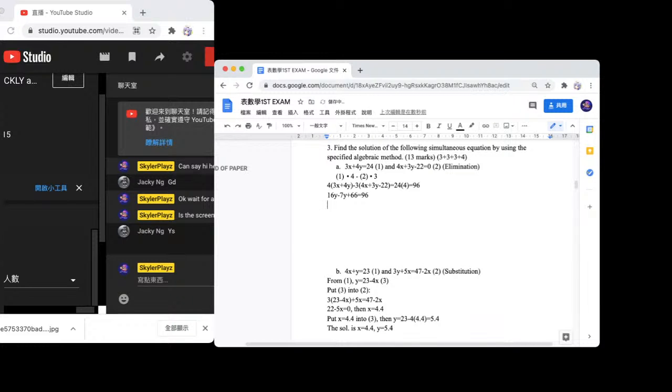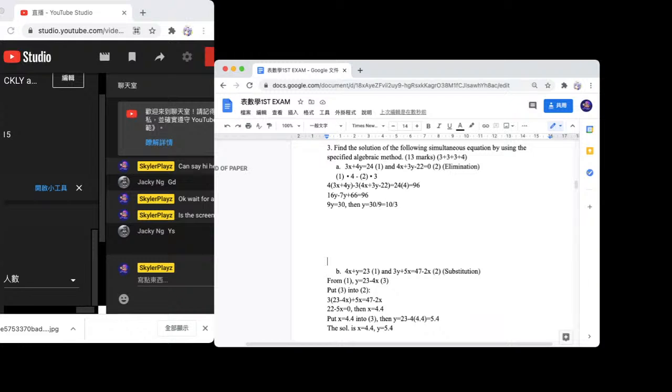So 7y is equal to 30. Then y is equal to 30 divided by 7, which is a fraction answer. Finally, we can simplify it.